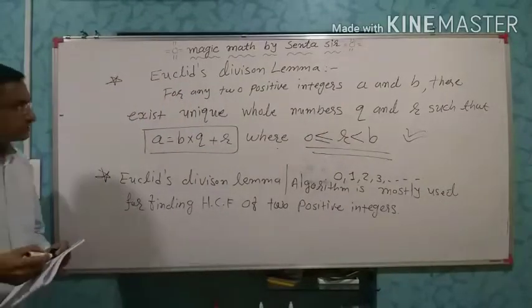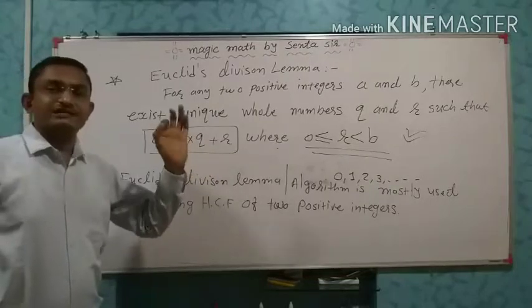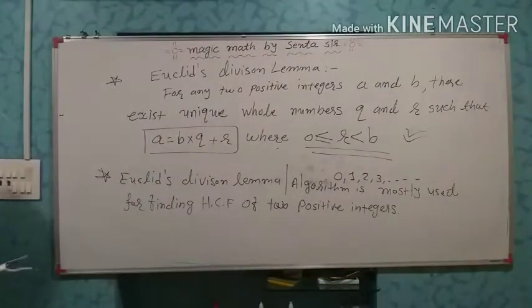So we can use this Euclid's division lemma for finding HCF of any two integers, right? Take a screenshot.